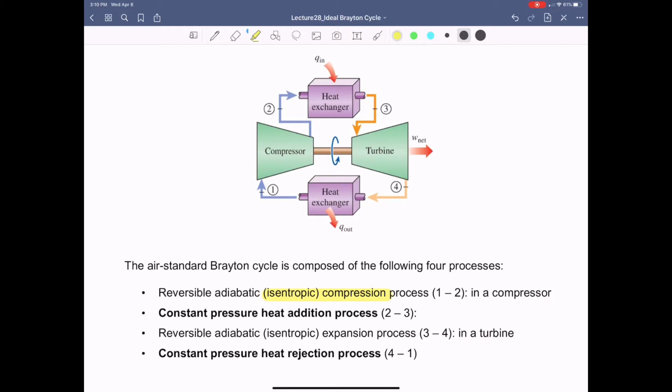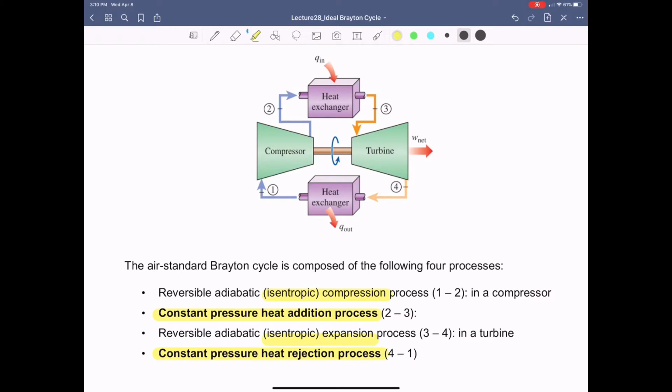Then after the compressor, we have a heat addition process, which is considered to be a constant pressure heat addition process. Then the next process is isentropic expansion in a turbine. Then we have again a constant pressure heat rejection process.